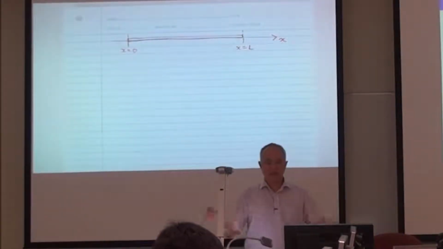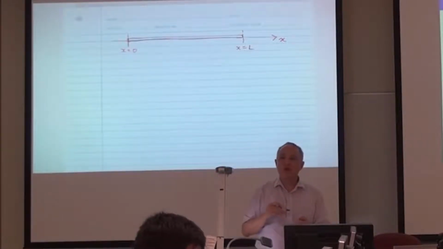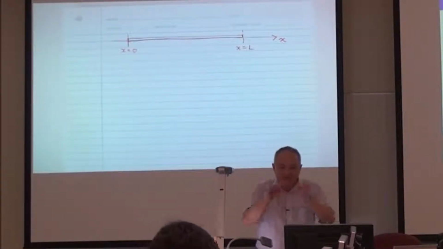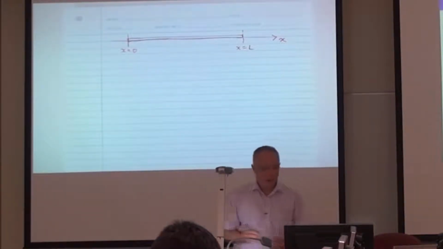So imagine that this bar is just one bar with no width, no height, and so on. So it's only one dimension, one space dimension.